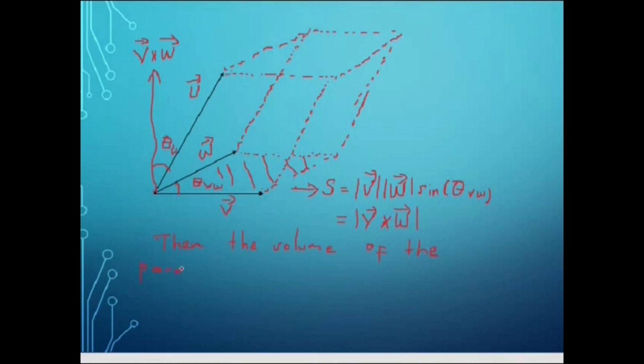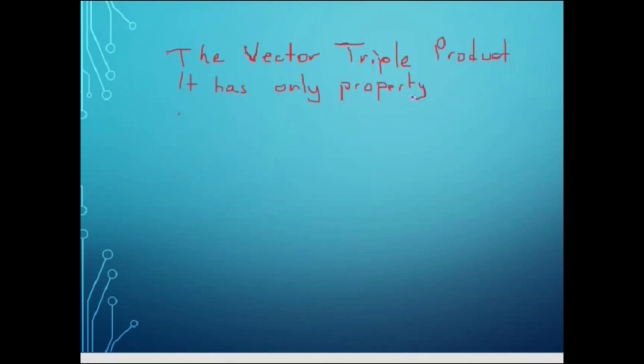Then the volume of the parallelepiped is found as shown. The vector triple product has only one property as follows.